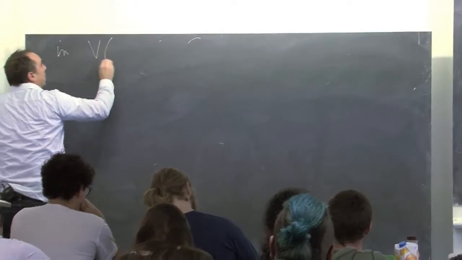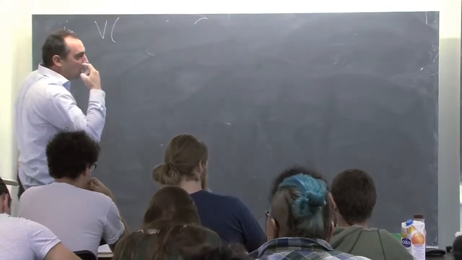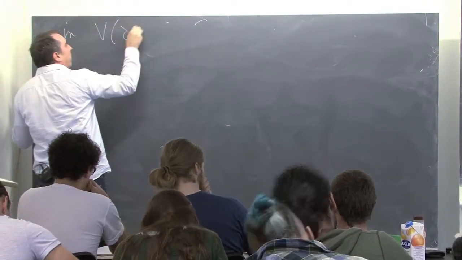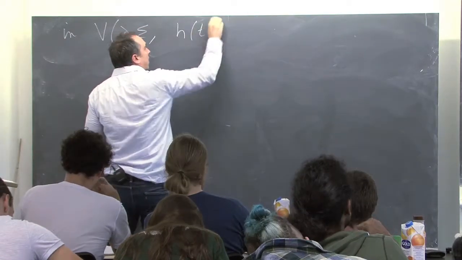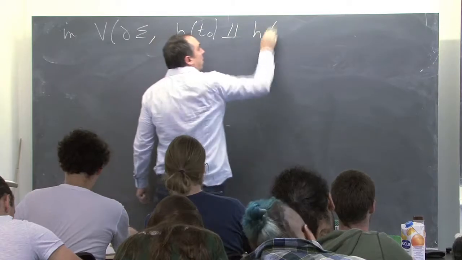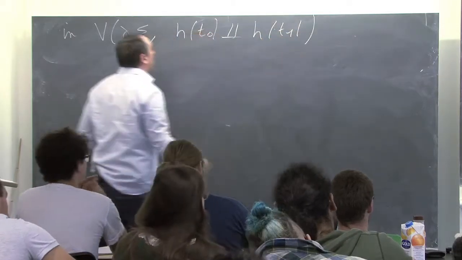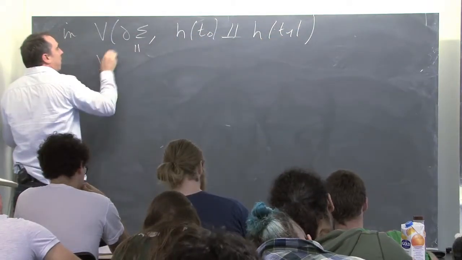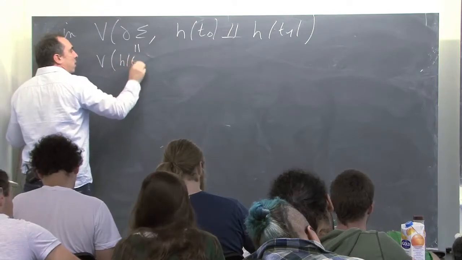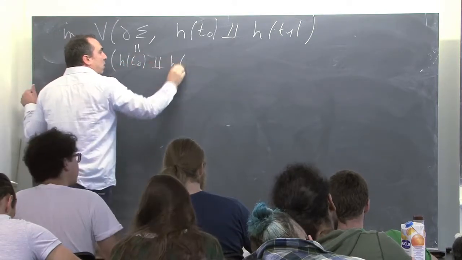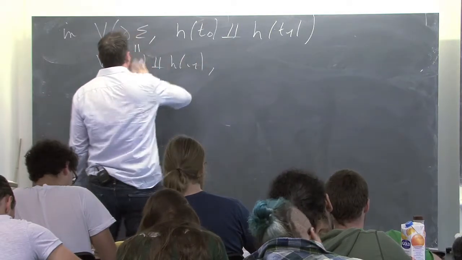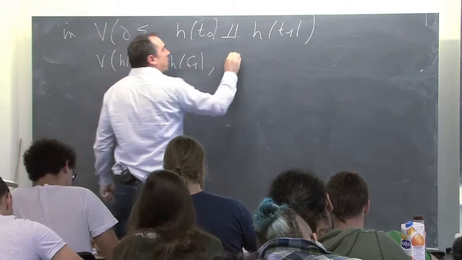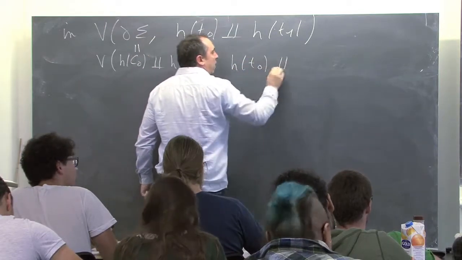It is in the space V of the boundary of sigma with respect to this triangulation. So this is V of H T0 and H T1. No, sorry, V of H C0, H C1, with triangulation H T0 disjoint union H T1.